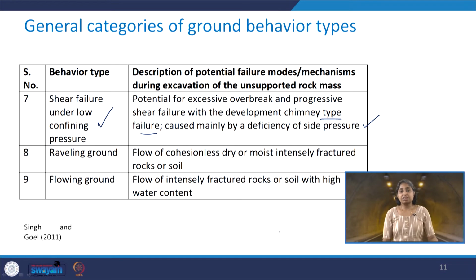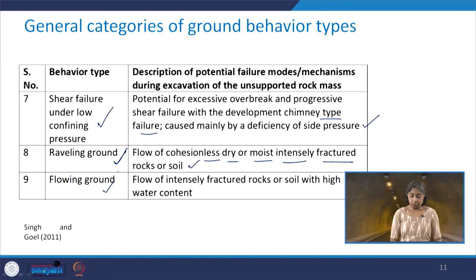Then the next condition is raveling ground. There is going to be the flow of cohesionless dry or moist intensely fractured rocks or soil if you have the raveling ground type of behavior. In case of flowing ground, there is going to be the flow of intensely fractured rock or soil which is mixed with high water.